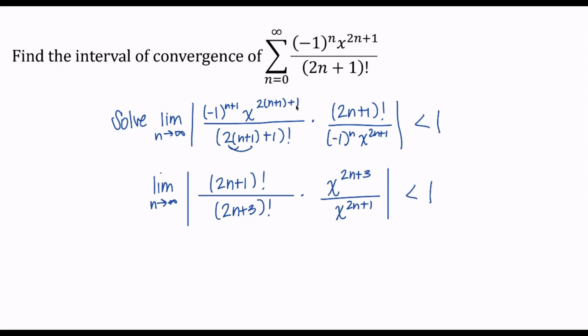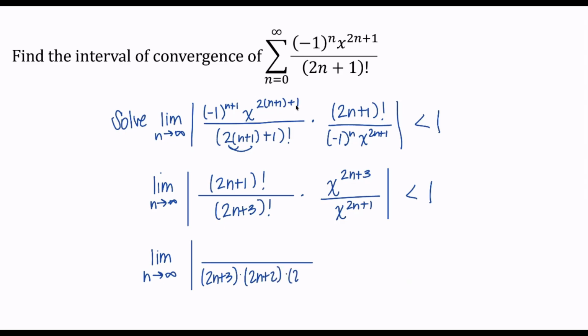And I'm showing a lot of work here. If you can already see what's going to happen, you can skip ahead. But here, what I'm going to do is show what's happening to the factorials. So on the bottom, I have the bigger factorial, 2n plus 3 factorial. So I'm going to write 2n plus 3. Then the next piece of the factorial would be 2n plus 2 that gets taken out.